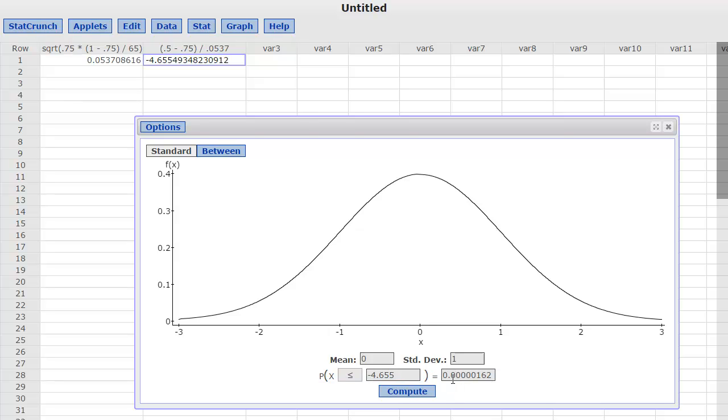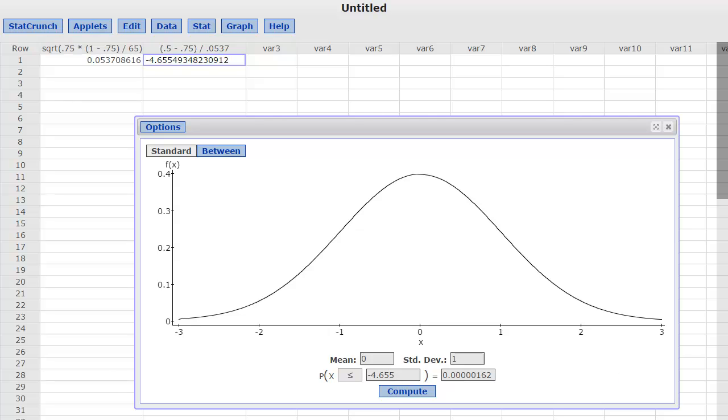So if you've got tens, hundreds, thousands, 10,000s, 100,000s, million, 10 million, 100 million, only about 162 samples in 100 million would be this far away or further, given the center is 75%. So that's not likely. The likelihood that researchers think that the disease is only 50-50 contagious is 162 in 100 million. Okay, so that's not very good.